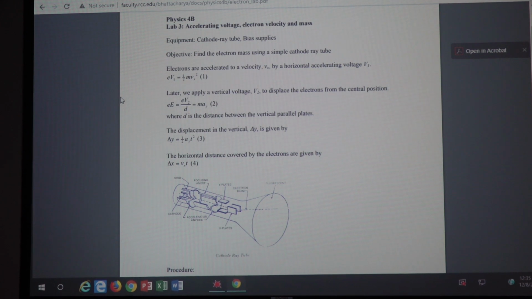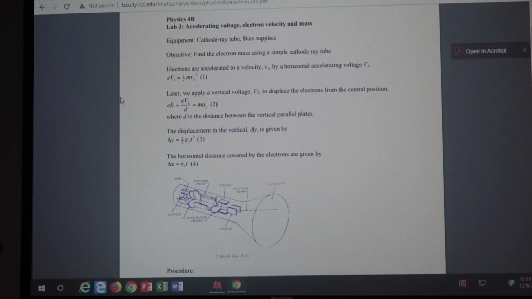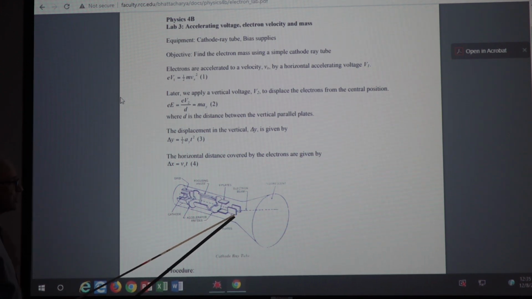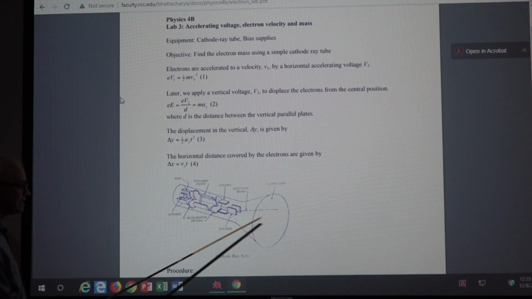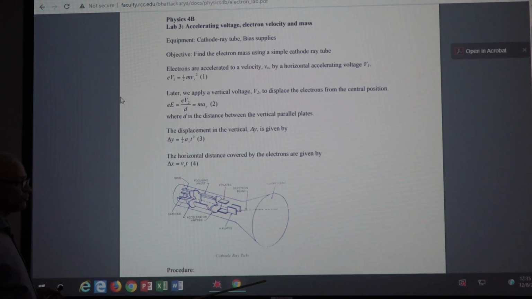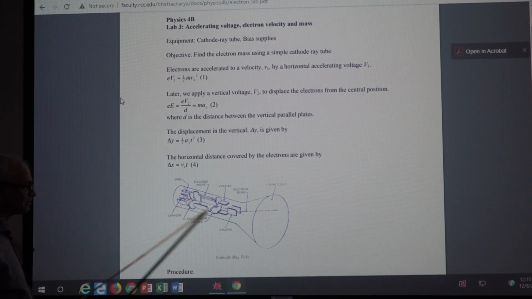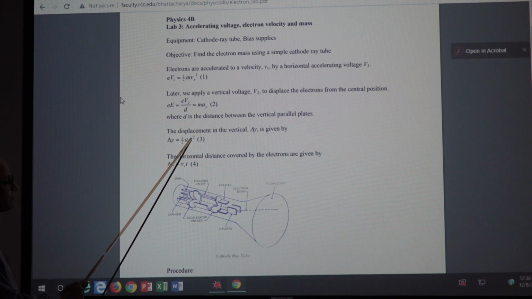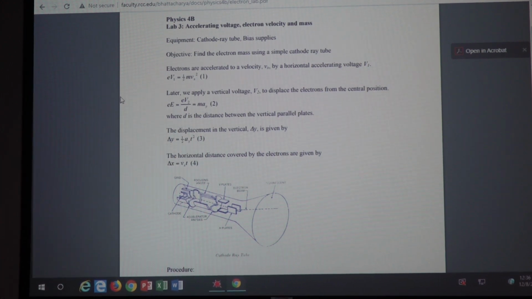If the electron only went for 1 second, it would go much, much faster than the speed of light. But of course, that's not true. The time it exists in this region is only a nanosecond or so. By the time the electron is emitted from here and hits the screen, it's only within a nanosecond. And that's the part you're going to find out from this experiment.